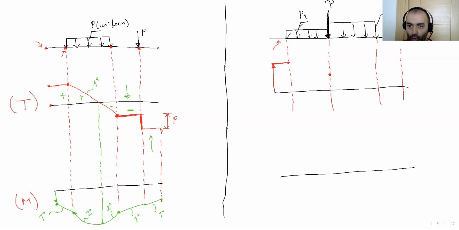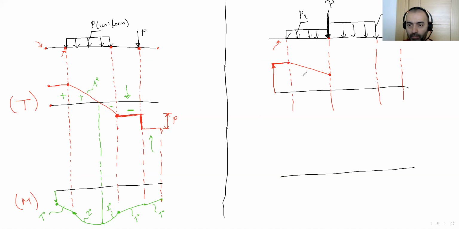If the load is uniform distributed load, shear force curve will be first degree. I mean, it's gonna be linear. It's gonna be a line. Right? Good.